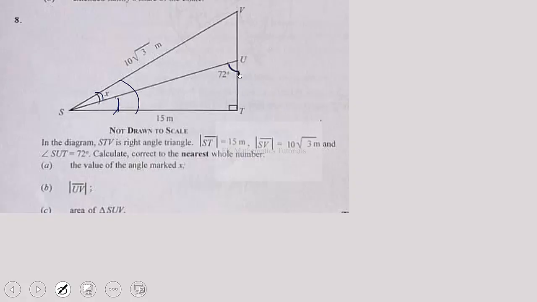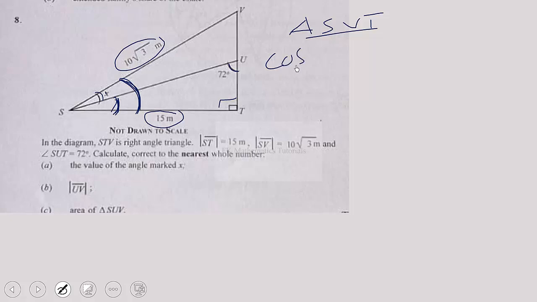If we know this angle and this angle, we can find the value of X, because they add up to 90, since this is already 90. So we take this away from this. From triangle SVT, we know the adjacent to this angle and the hypotenuse are given.